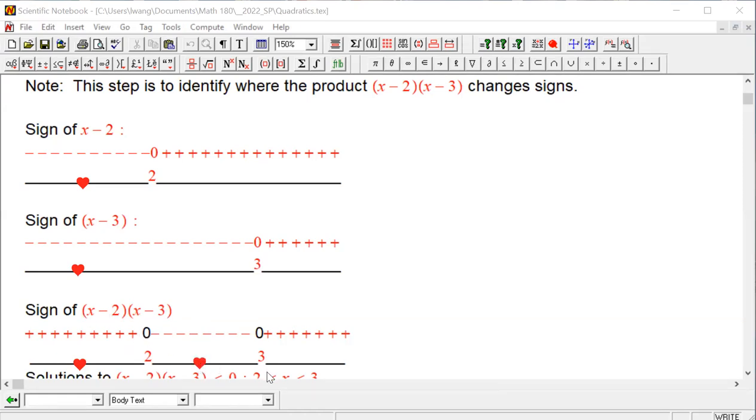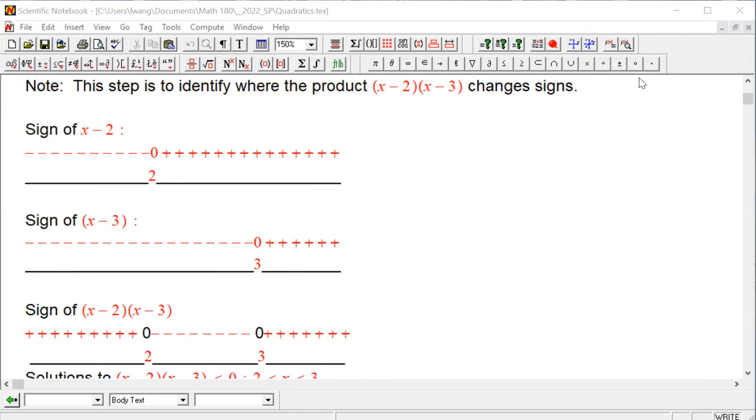If you pick a number here, you plug into x minus 2 and x minus 3, you have positive times negative. Positive times negative is negative. If you pick a number larger than 3, x minus 2 will give us positive, x minus 3 will give us positive. Positive times positive is positive, right? You see, we talk about this method.